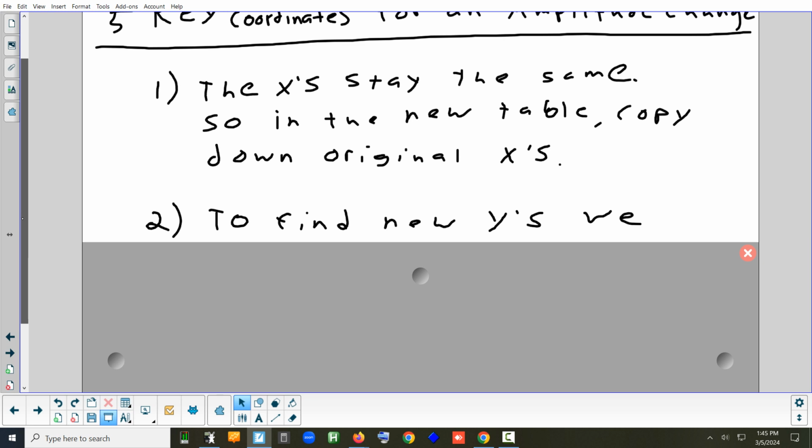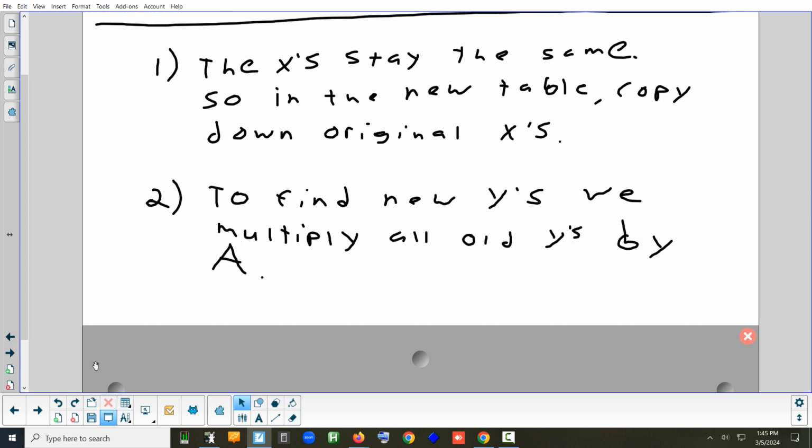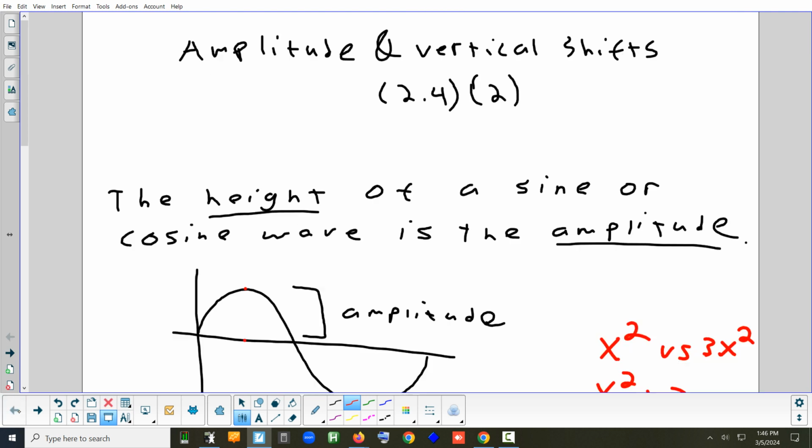All right, so if the x's are going to stay the same, then it's going to be the y's that change. All you have to do to find the new y values is multiply the old y values by c. And remember what c is.